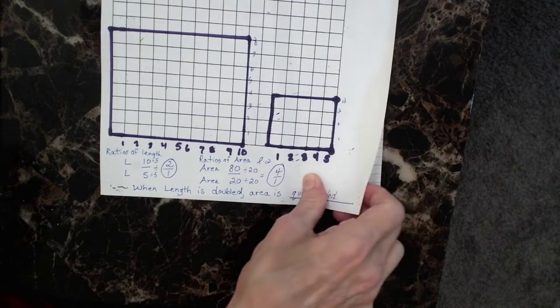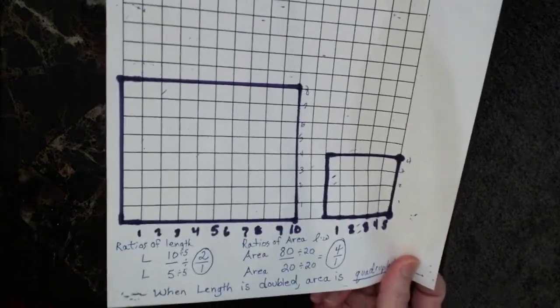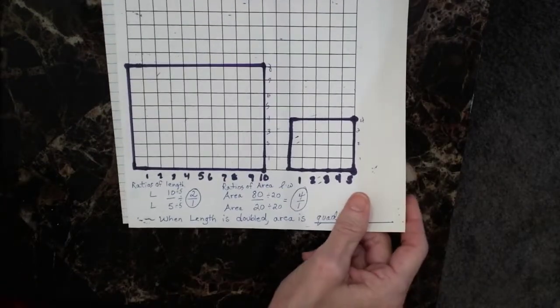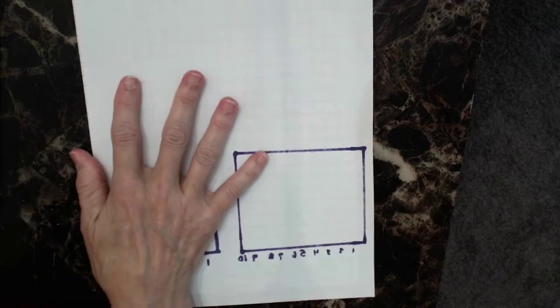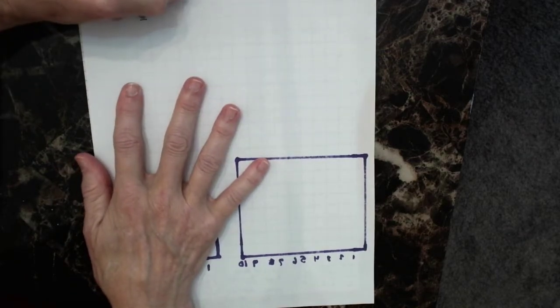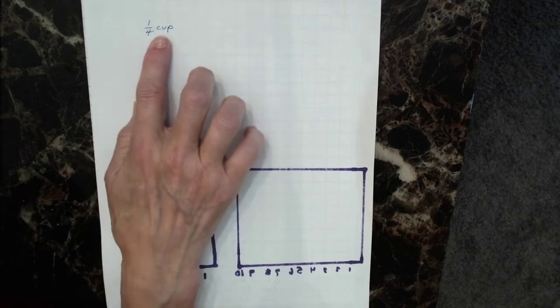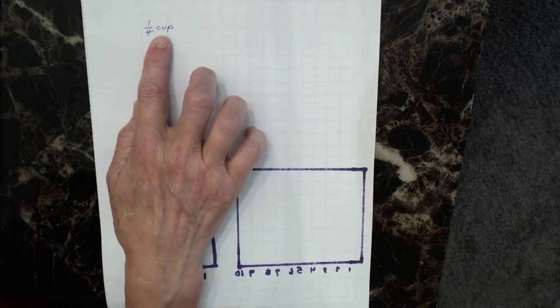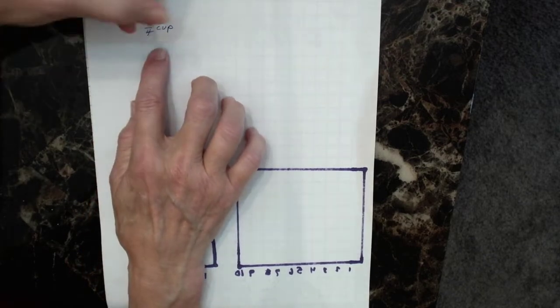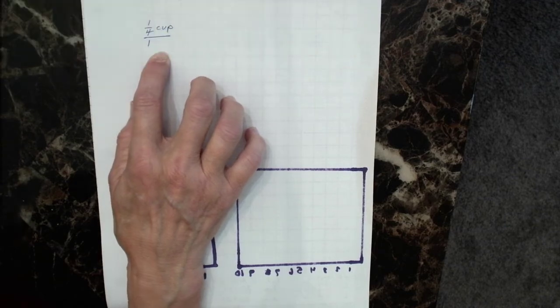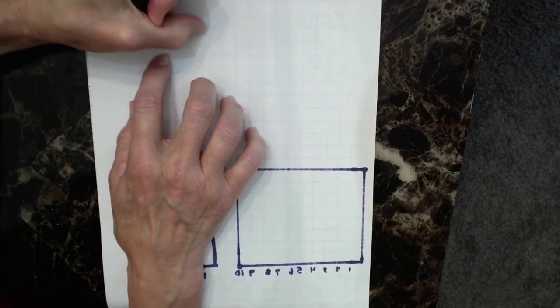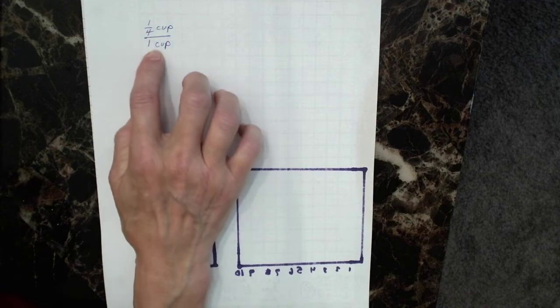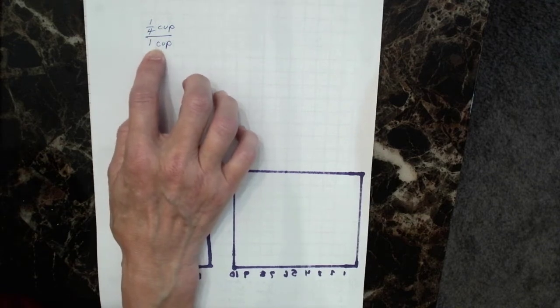Now, concerning unit rates associated with fractions, we'll just remember that 1/4 cup is not really a unit rate, because a unit rate needs to have 1 in the denominator. Now, if you just create a 1 in the denominator, you're still referring to 1/4 cup.